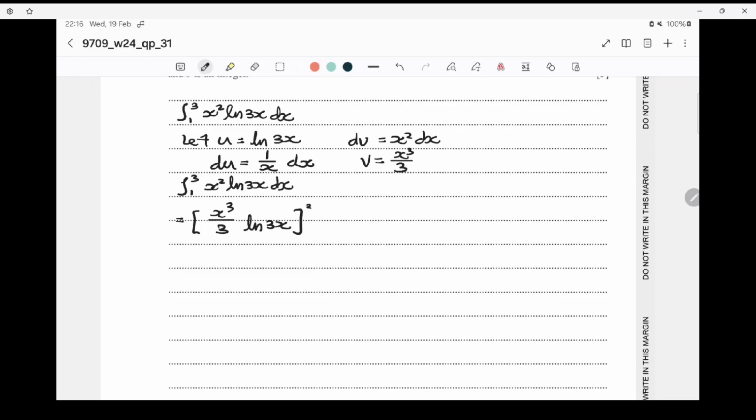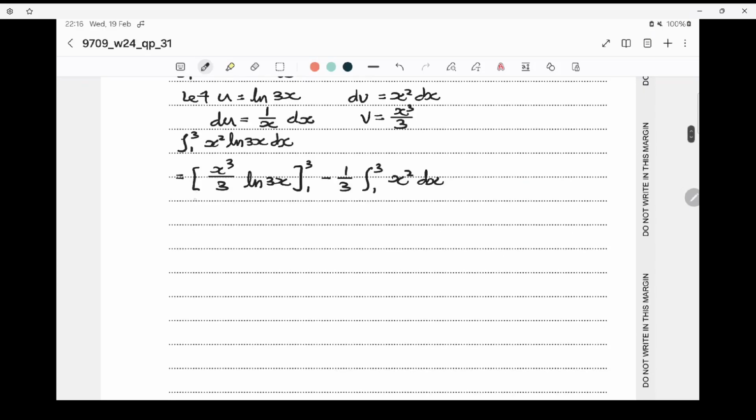You evaluate from 1 to 3, then you minus 1 over 3, integrating from 1 to 3. It will be v du. The 1 over 3 term I already moved outside. So x cubed divided by x, you get x squared again.